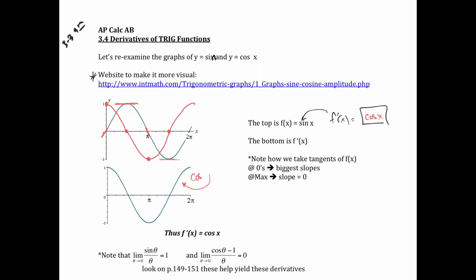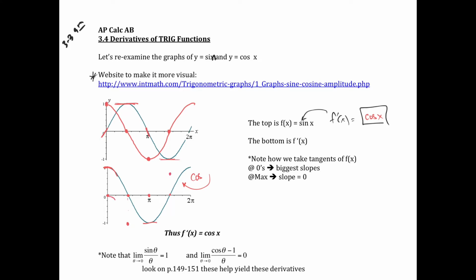Instead, you'll get negative sine x, because right here we're starting in a negative value. It starts at a horizontal tangent at 0 and goes in a negative manner, and these are the zeros right there, with these being my maximums right here.